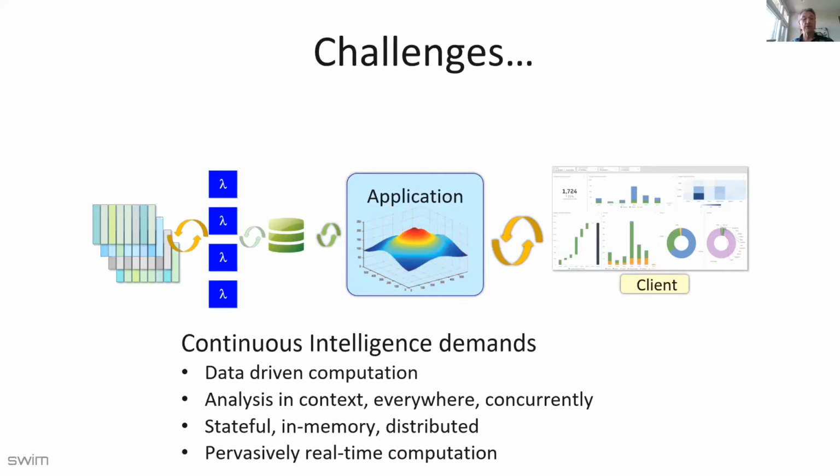If you want to store stuff, that's fine, but analyze, then store. Analysis in a granular context, everywhere, concurrently, stateful computation in memory, in a distributed fabric, and pervasively real-time computation at CPU and memory speeds instead of hitting databases all the time.